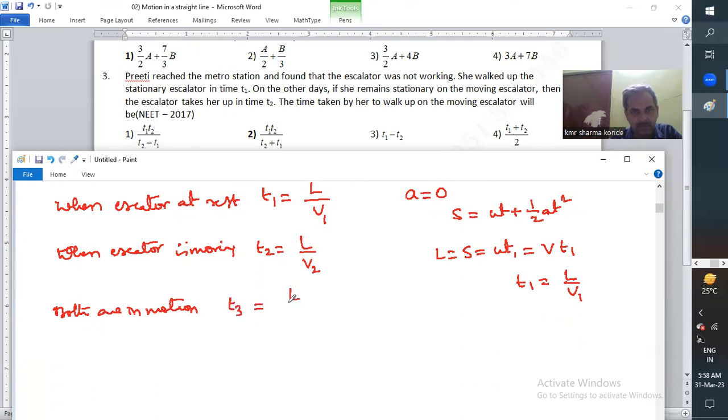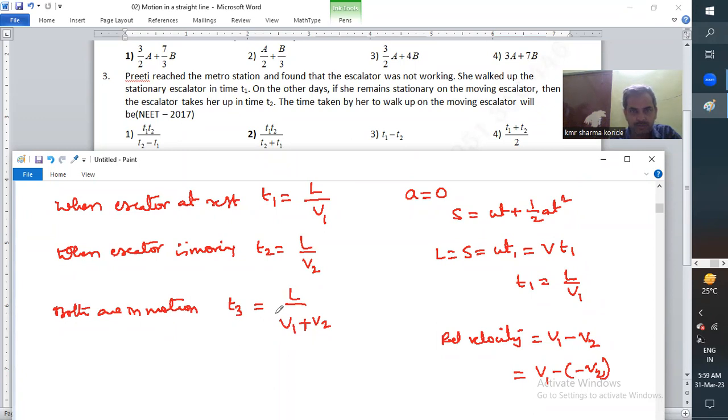So let us write this is L by V1 plus V2. Because the reason is this is relative velocity. Relative velocity in general V1 minus V2, when both the bodies are moving in the same direction. Since the escalator is moving opposite to the motion of the passenger, therefore this is going to be minus of minus V2.